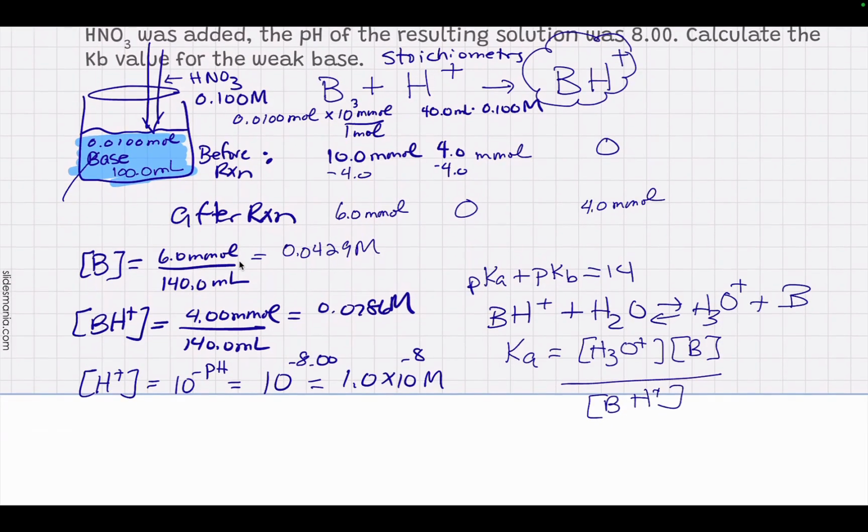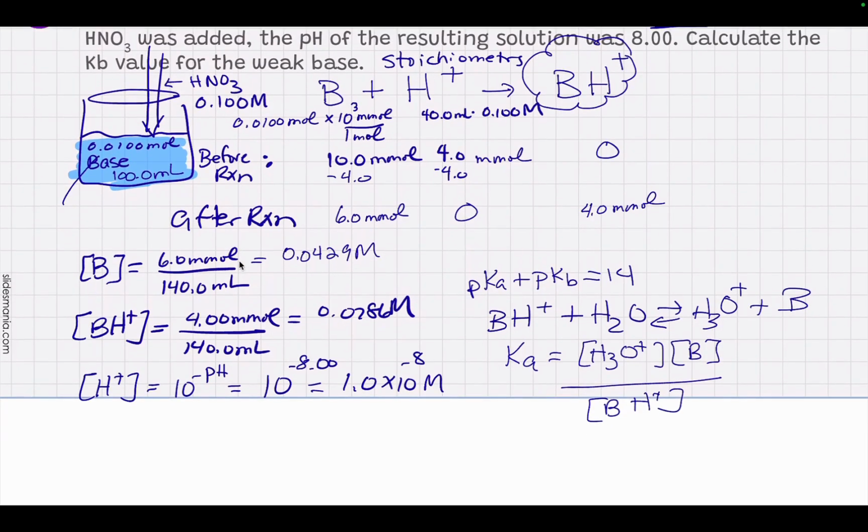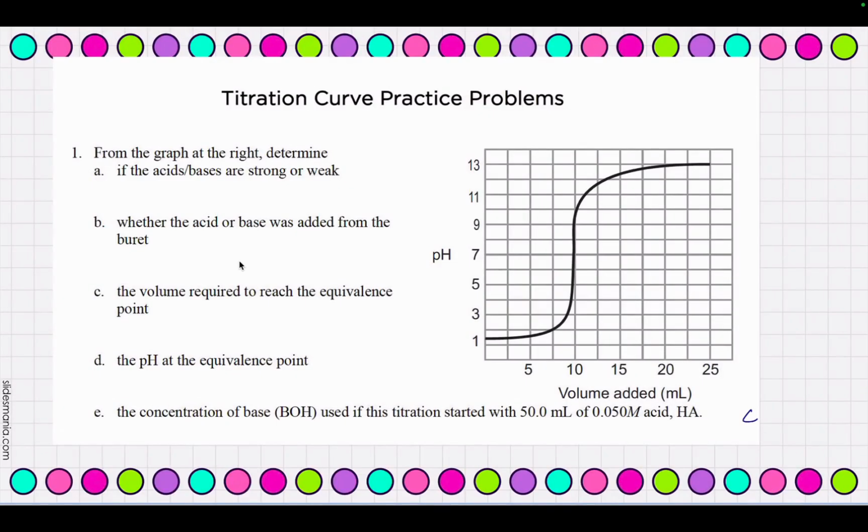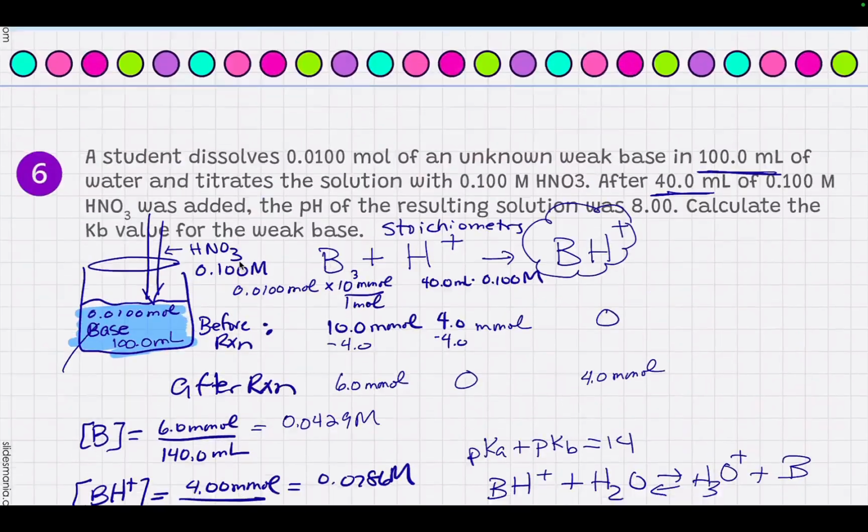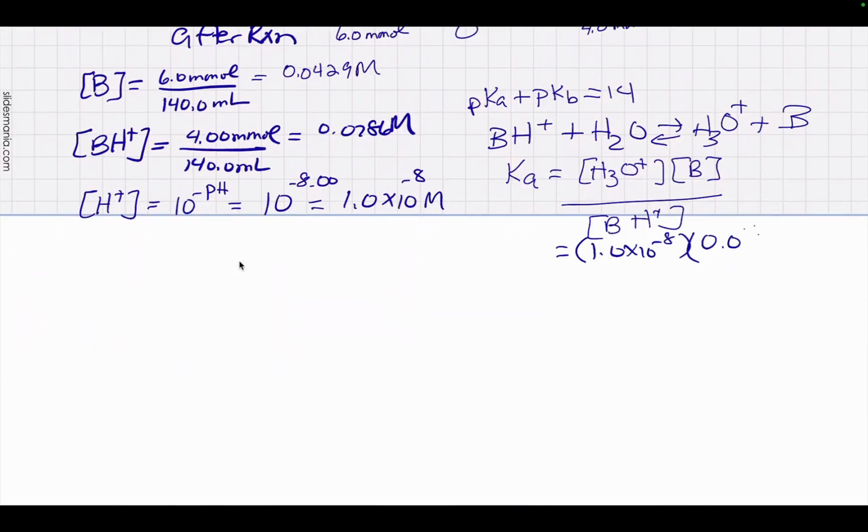So I can substitute in now my molarity of the hydronium times the molarity of the base. Sorry, I keep hitting something on my page. 0.0429 all over 0.0286.